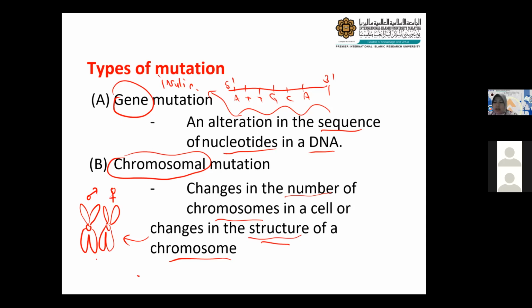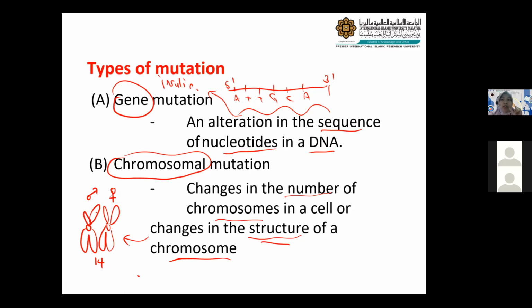So let's say this is chromosome number 14. What happened? Change in the structure of chromosome. Salah satu sister chromatid ni berubah. Pendek sebelah je. Nampak tak? So change of the structure of chromosome.